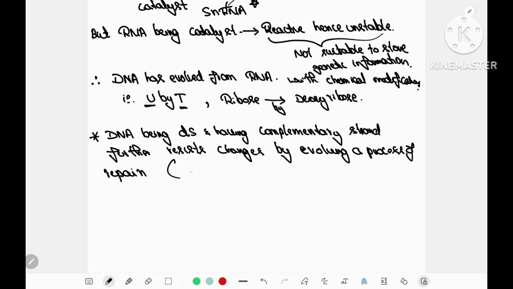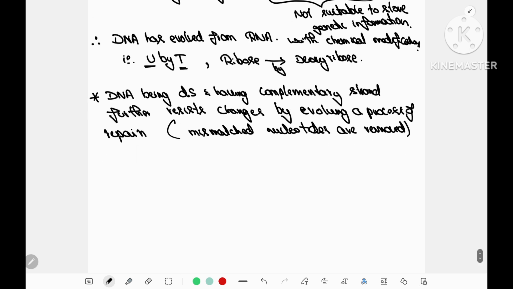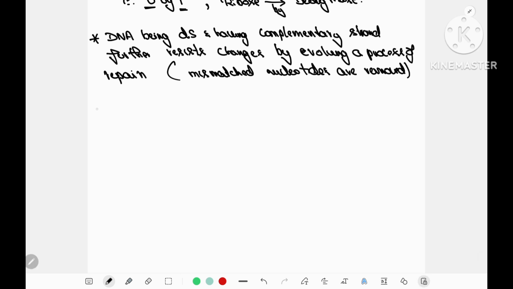Repair of DNA we will be discussing in brief in an upcoming topic, that is in replication. DNA repair is a process by which the mismatched nucleotides are removed and suitable nucleotides will be added to that place. So that process is absent in the case of RNA.